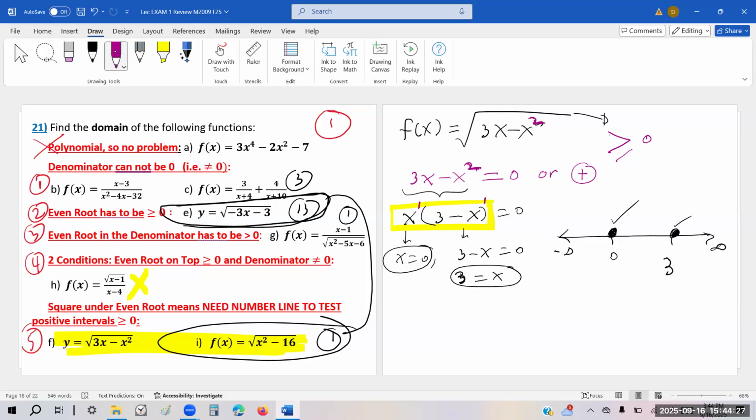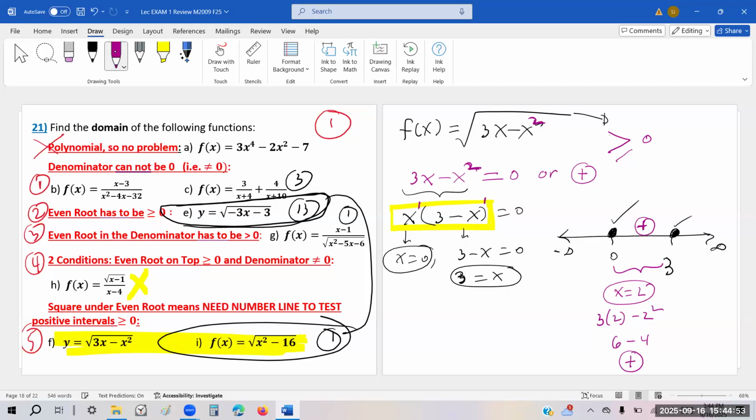Let me pick the middle. Pick a number in the middle, any number from 0 to 3. 2. And then see whether 2 makes the inside positive or negative. We had 3 times 2 minus 2 squared. What is 3 times 2? 6 minus 4. What's the result? 2, which is positive.